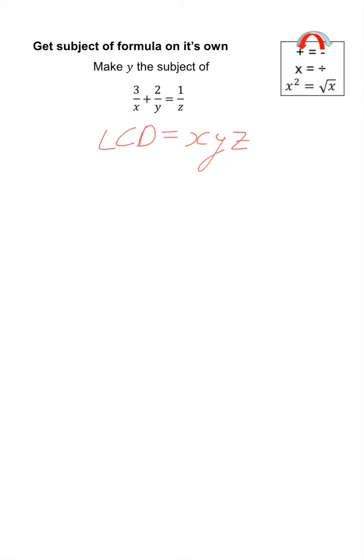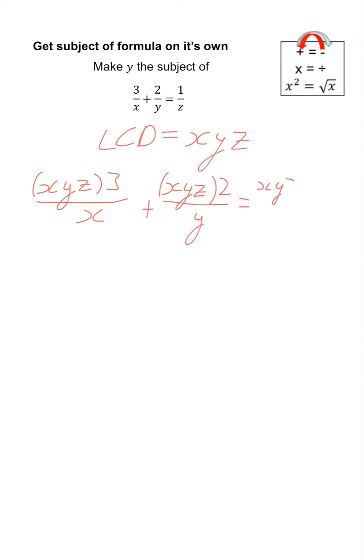So I'm going to have xyz times 3 all over x plus xyz times 2 over y is equal then to xyz times 1 all over z.